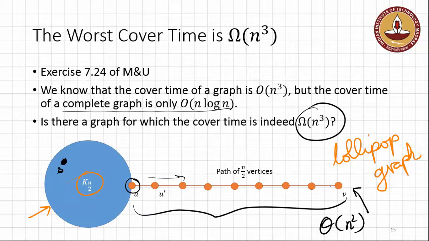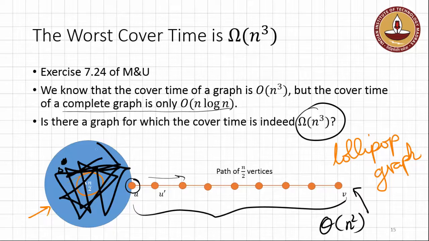What makes this challenging is the following. If it comes to u, then there's a good chance that it will fall back into this complete graph part. As long as it's inside this complete graph part, it's going to be making random walk steps inside of this region, and only with probability 1 over n is it going to come to this vertex n.